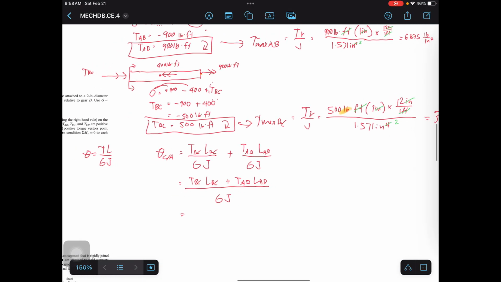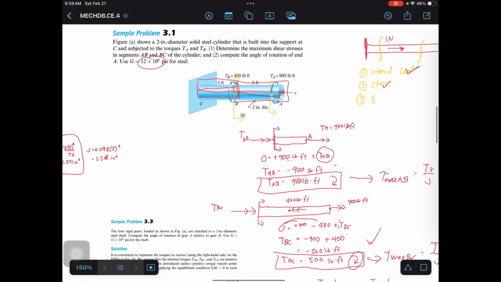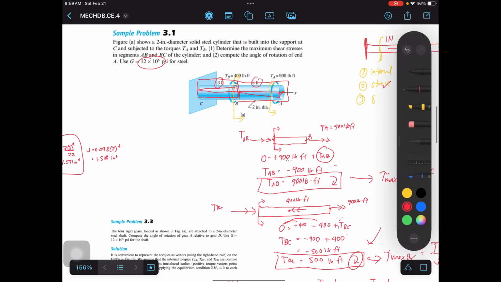So, what is our torque sa section BC? This one, si 500. So, again, be careful of the sign. Importante yung sign convention. Since clockwise siya, so this is negative. Negative 500 pounds-feet times length ng BC. What is the length of BC? It's 3 feet. And then 5 feet si AB.